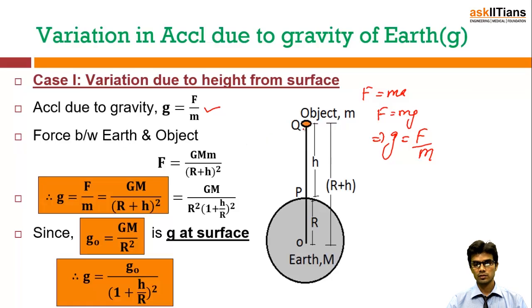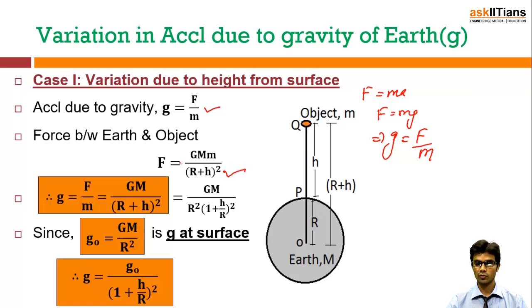Now we find the force between the earth and the object, where the distance between the center of the earth and the object is R plus h. In that case, F is equal to G capital M, the mass of earth, and small m, the mass of the object, divided by the distance between the center of the earth and the object, that is (R plus h) whole square.